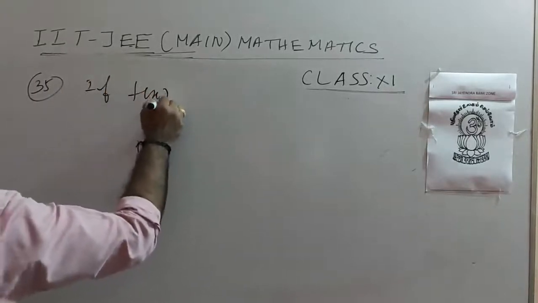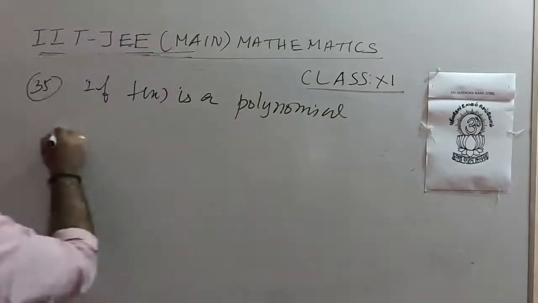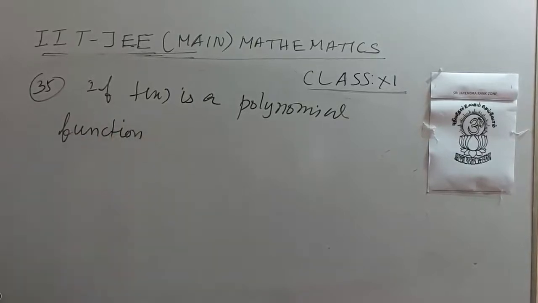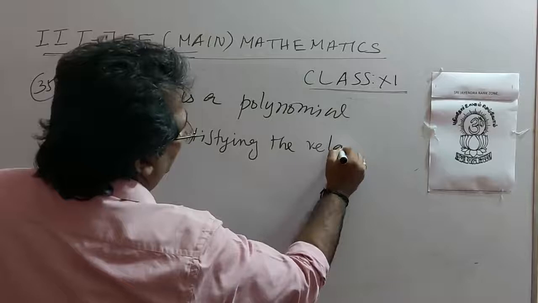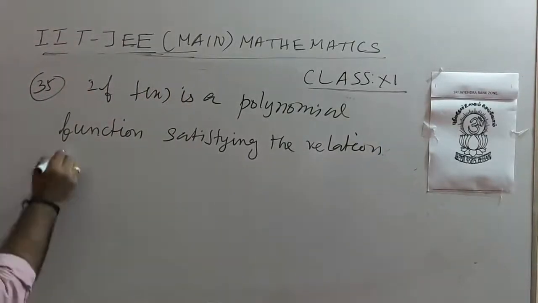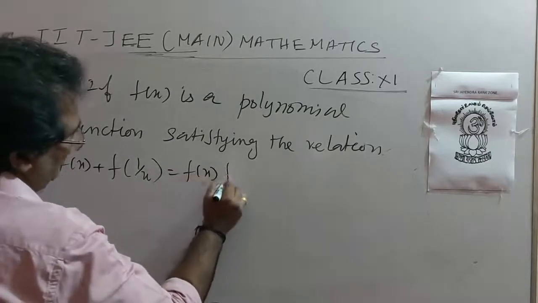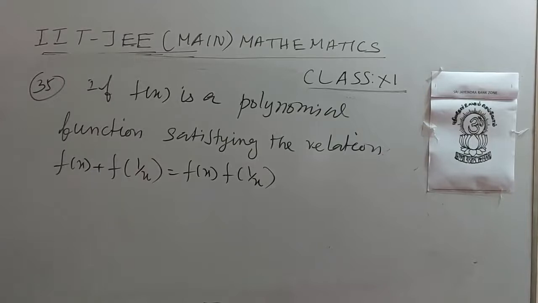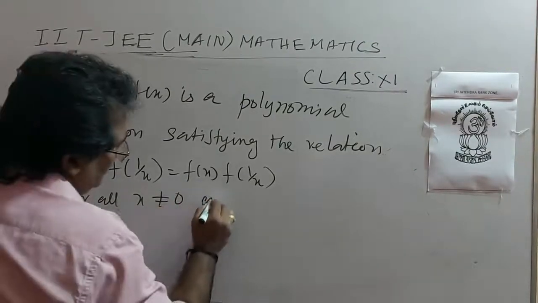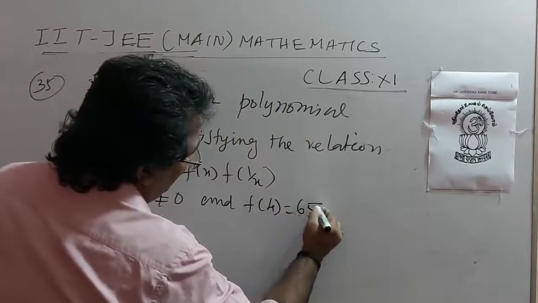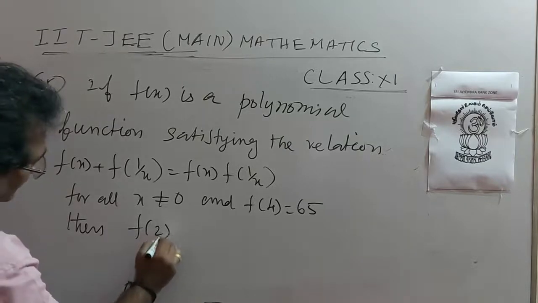If f(x) is a polynomial function satisfying the relation f(x) plus f(1/x) equal to f(x) and f(1/x) for all x not equal to 0, and f(4) equal to 65, then f(2).